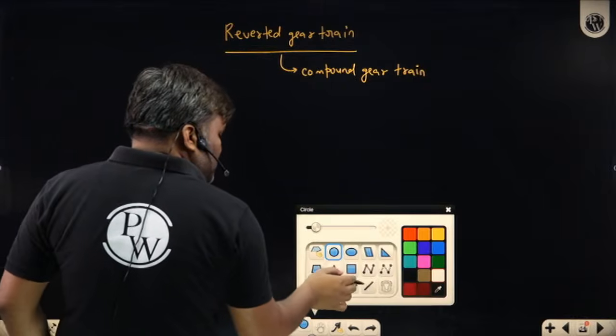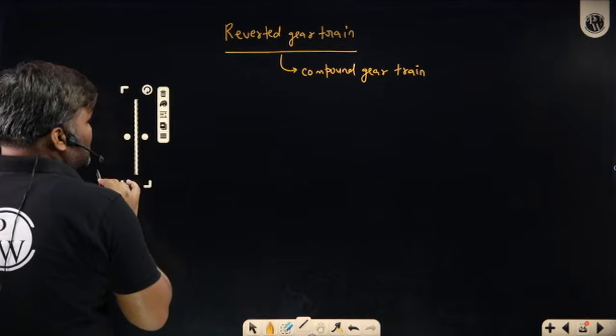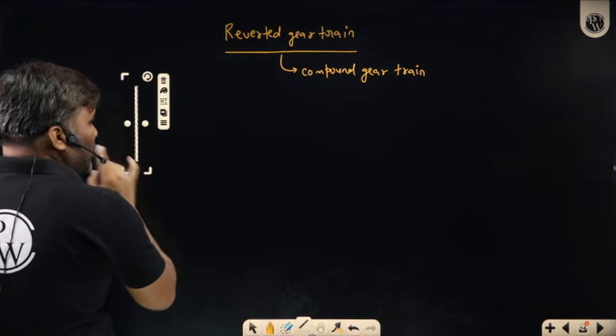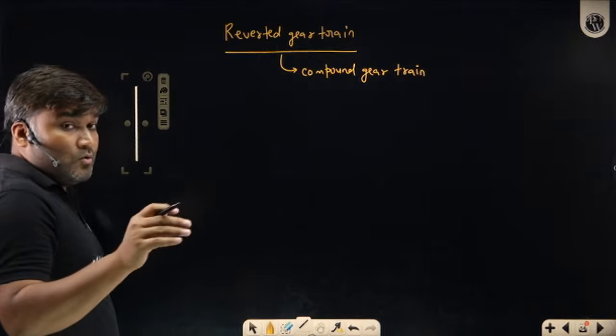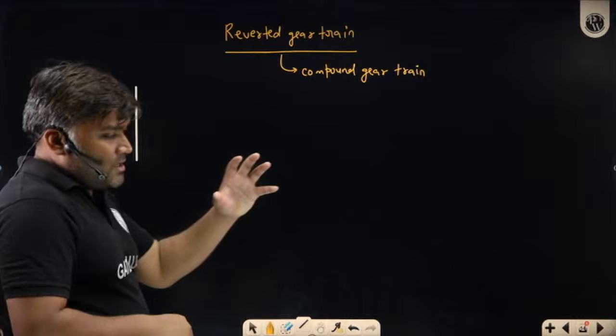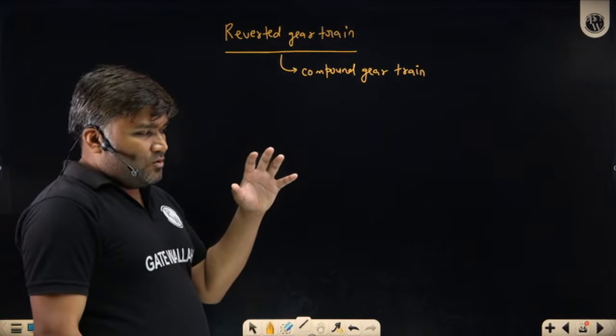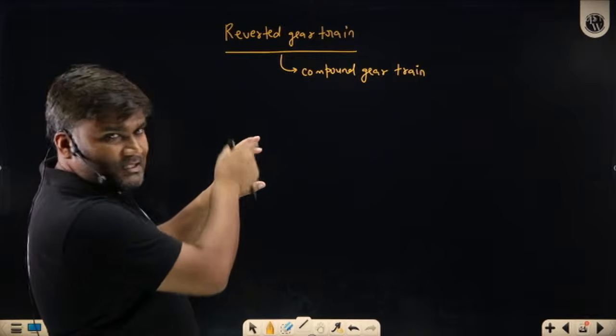Let me show this. Suppose this is the shaft on which I am having one gear, and for the sake of clarity I am showing you a different view of the gear. Gear from the front, you can see the circle, but the same gear from the side, you will see the rectangle part.